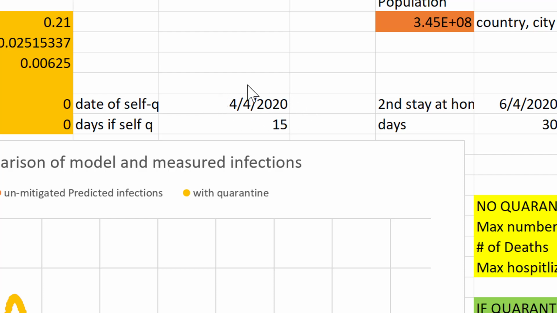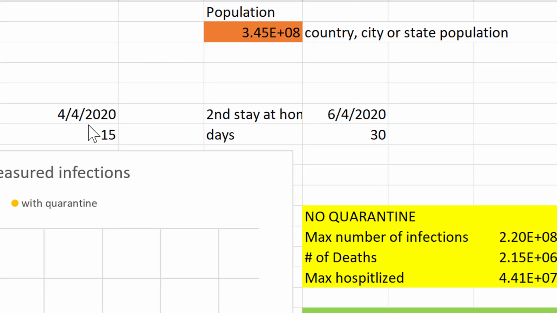That's when the government or your municipality suggests, hey, let's all self-quarantine, let's stay home. And the duration of that self-quarantine is in the cell right below it. That's how many days you're going to engage in it. Over here in column T, we also introduce the population of the country, city, or state that you are concerned with.